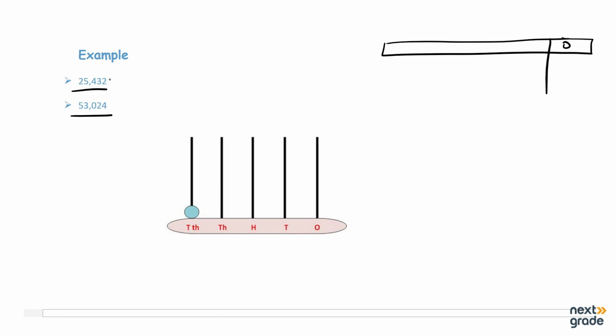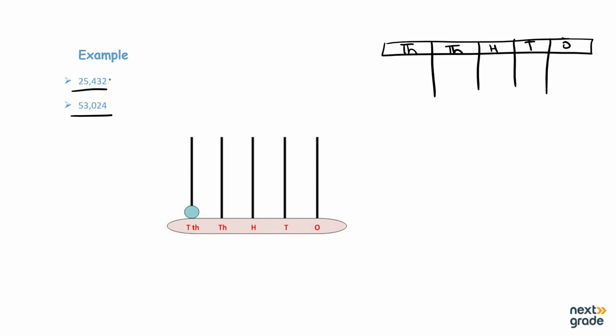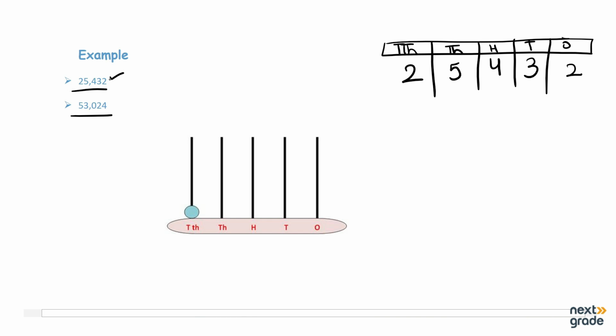We had the ones column, the tens column, hundreds, thousands, and 10,000s, right? So keeping that in mind, I'm going to use the first example, that is 25,432. I'm going to place 2 in ones, 3 in tens, 4 in hundreds, 5 in thousands, and 2 in 10,000s.